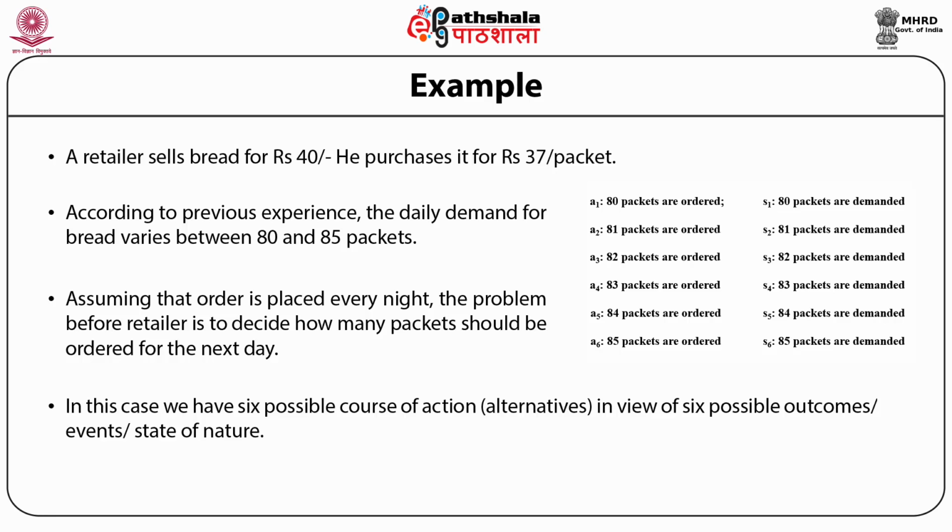Now in this case, we can understand easily that we have 6 possible course of actions which are also known as alternatives, in view of 6 possible outcomes which are also known as events and state of nature. So here now we are to decide the best strategy, that means how many packets of bread must be ordered by the retailer so that his profits are the maximum.